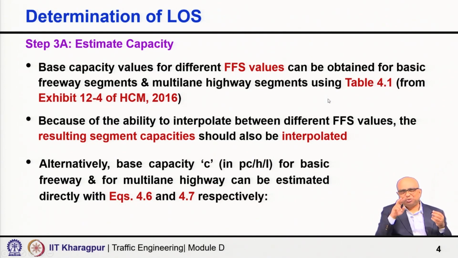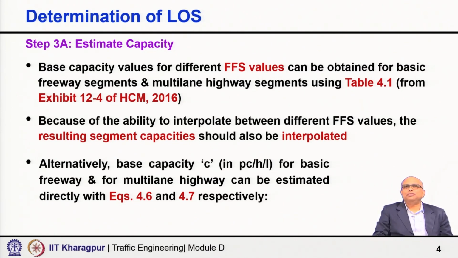You can see the free flow speed values, and then corresponding 2 columns, one for freeway segments, another for multi-lane highway segments, which I produced here in this module as table 4.1. Basically, that is exhibit 12.4 of Highway Capacity Manual 2016.